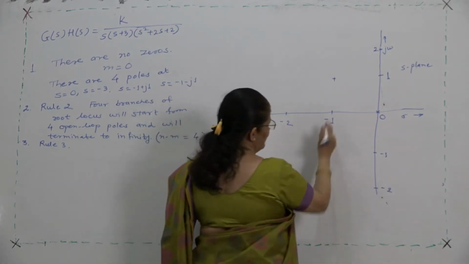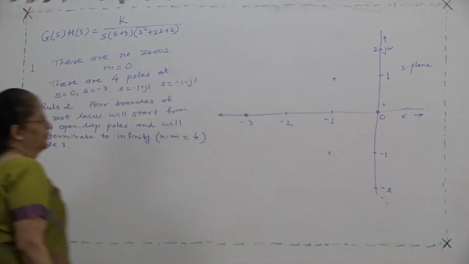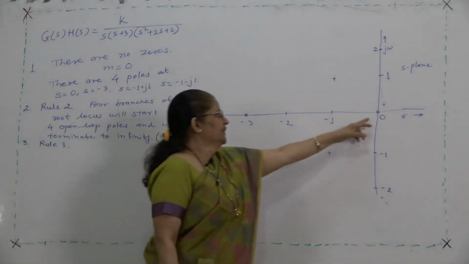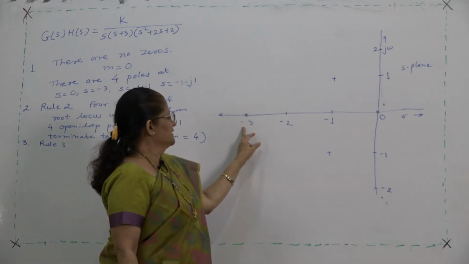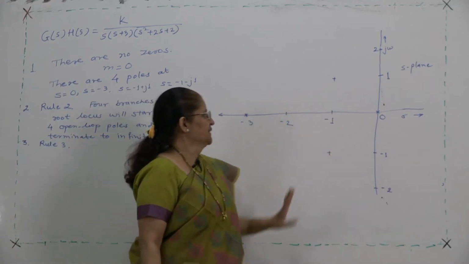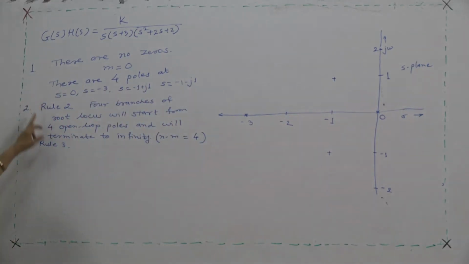So use the graph paper properly and represent it properly. So what you will get here, 4 poles are represented: one is at 0, second is at -3, third is at -1 plus J1, and -1 minus J1. Okay. So this step we have drawn.